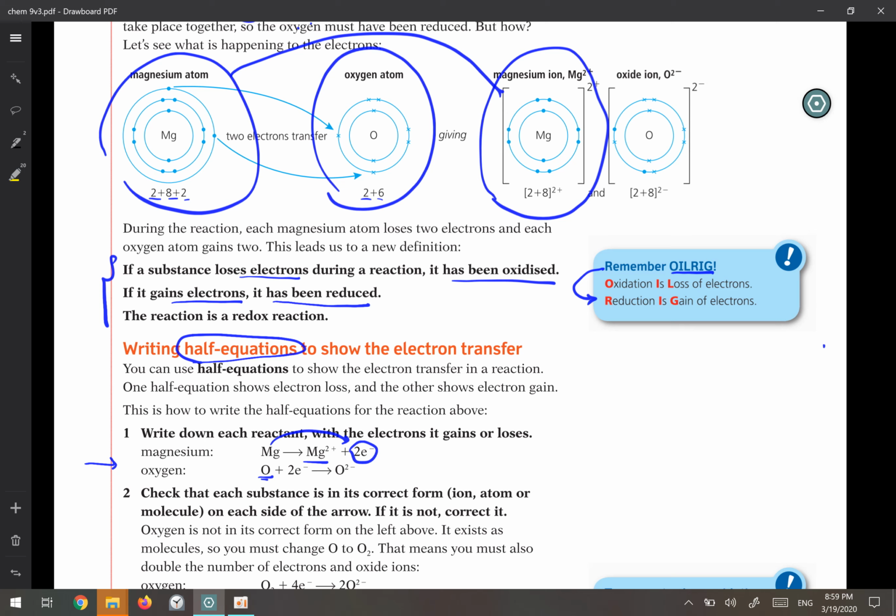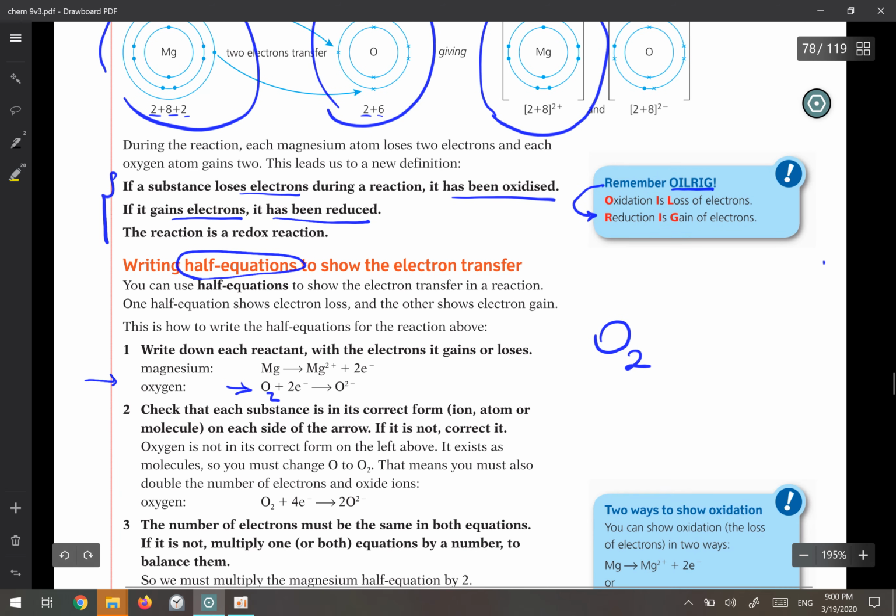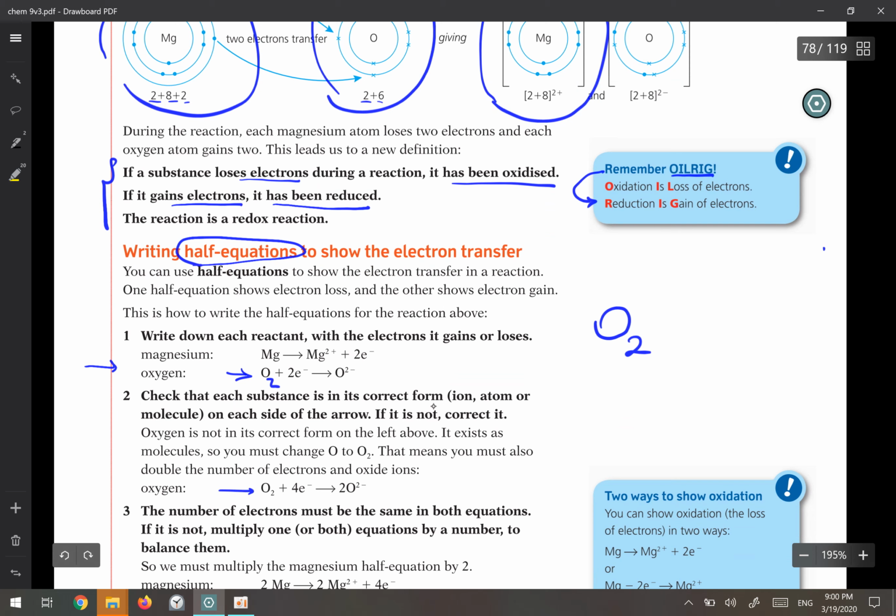But these half equations written here are not exactly correct, especially this one. You know that in nature you don't have oxygen atoms. What do you have there? You have O2, the oxygen molecule. So here you have to write O2. O2 converts to O2-, but because here you have two oxygens, you will have two oxide anions at the right side.